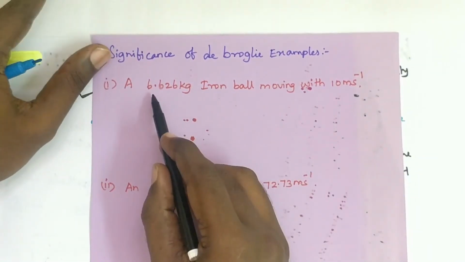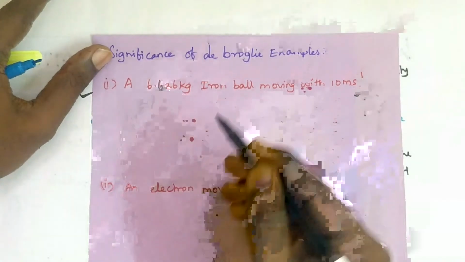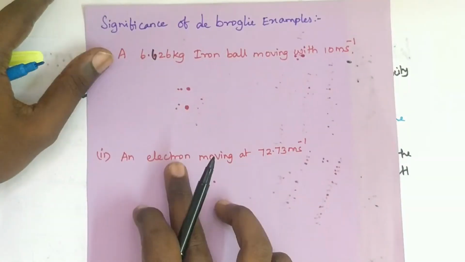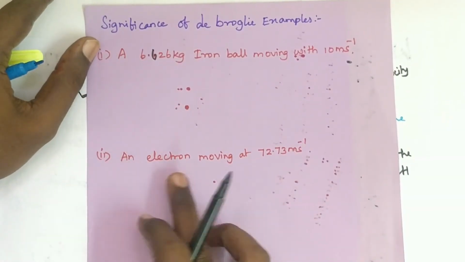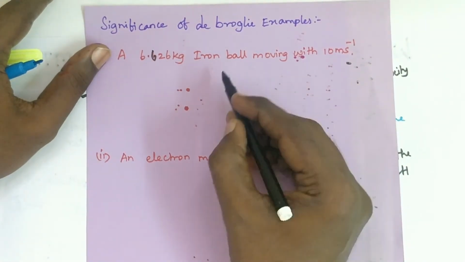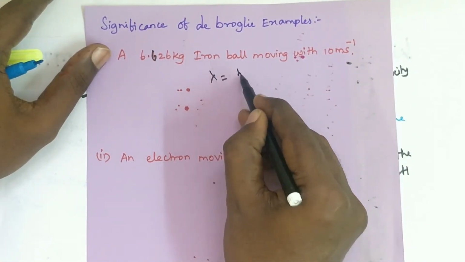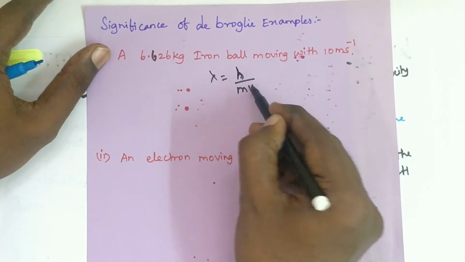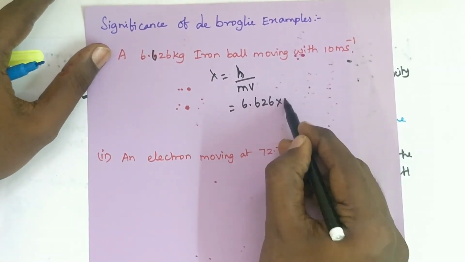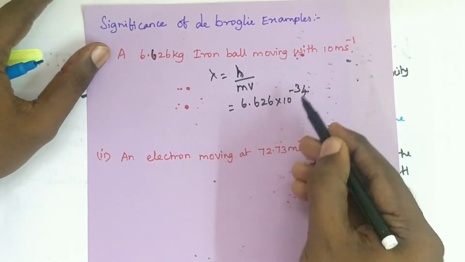In this example they mention a 6.626 kilogram iron ball moving at 10 meter per second, and second, an electron moving at 72.73 meter per second. We already know the de Broglie equation: lambda is equal to h by mv. The Planck constant is 6.626 into 10 power minus 34.